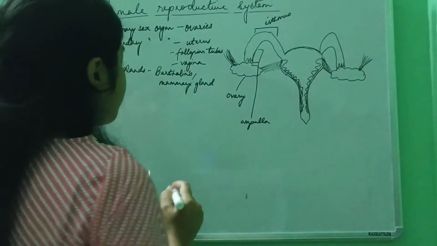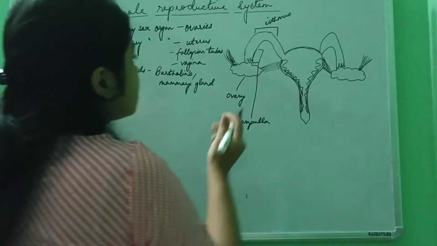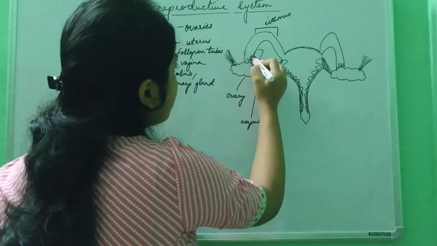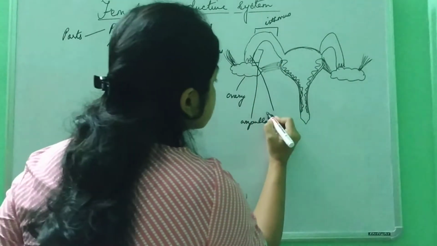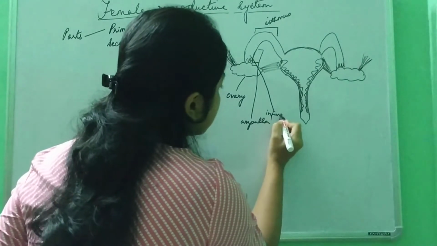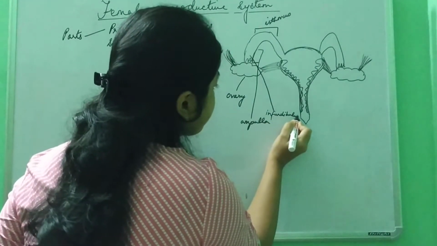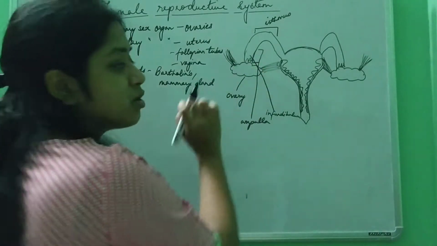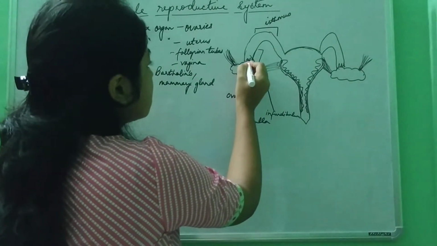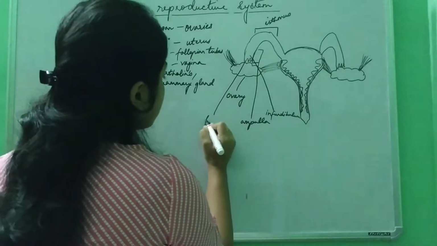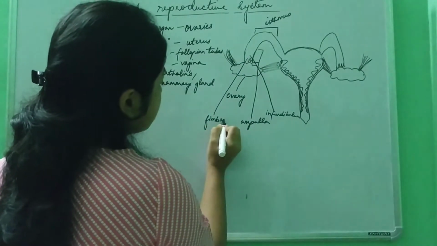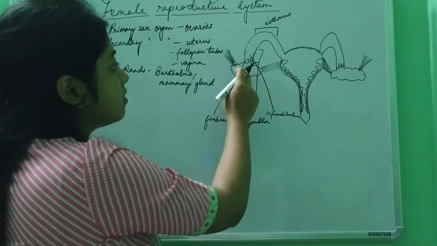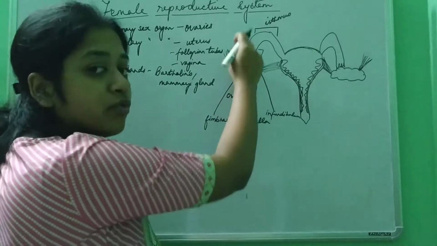Okay, then this part here, the lower part of the ampulla, is known as the infundibulum. Then the structures that you are seeing, these are the fimbriae. What will the fimbriae do? The fimbriae will help in moving the egg from the ovary.